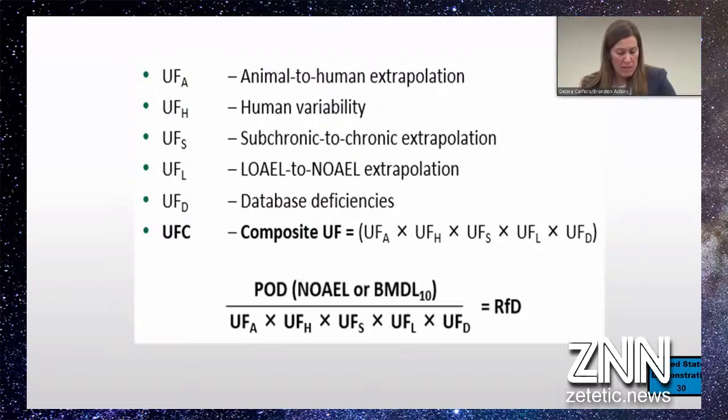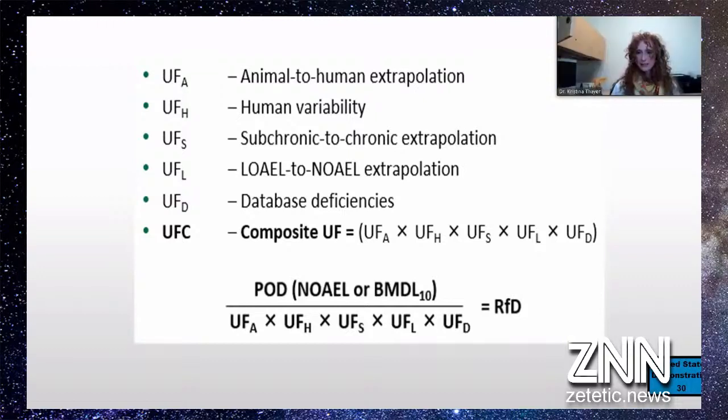Dr. Thayer, what happens once the IRIS program completes the hazard assessment and the dose response piece? We produce toxicity assessments, which convey these toxicity values, for example, reference doses, and they get used by program offices as well as states, other federal agencies, other international bodies.